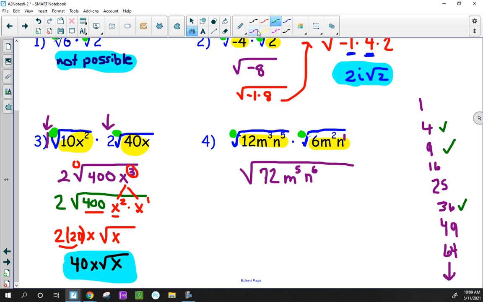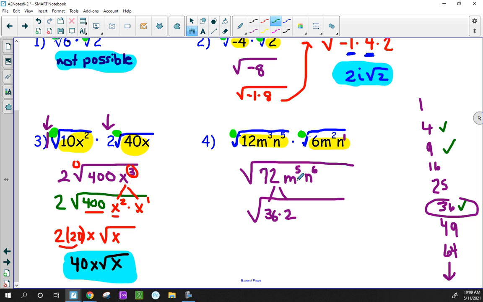And remember, you always choose the highest. So I'm going to choose among 4, 9, and 36. I'm going to select 36. 72 can be written as 36 times 2.